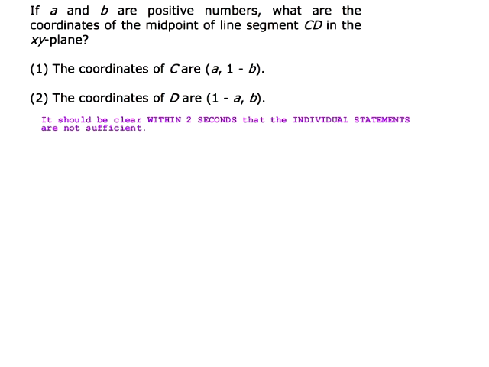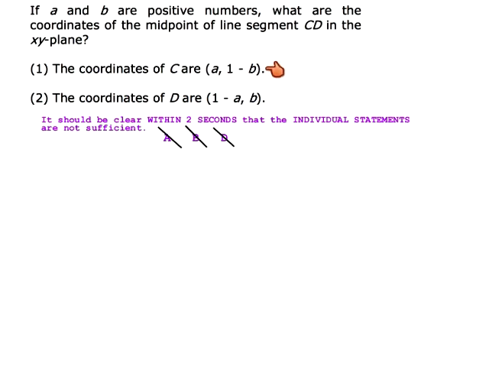Because it asks for the midpoint of CD, and if you just have one or the other of those individual statements, then you at least have to have some piece of information that pertains to both points. If you only have something about C and not D, and you only have something about D but not C, then the other point can be anywhere at all.